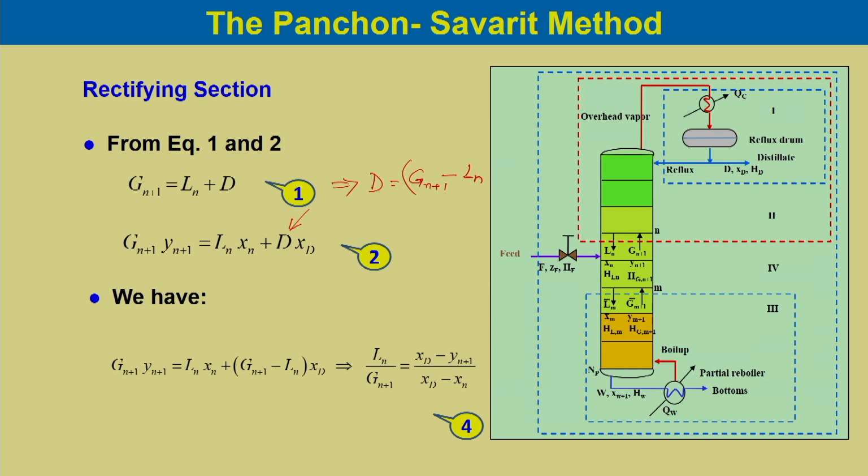So, this is substituted over here in place of D. If we rearrange or simplify, it would be Ln by G n plus 1 would be equal to Xd minus Y n plus 1 divided by Xd minus X n. So, this is equation 4.